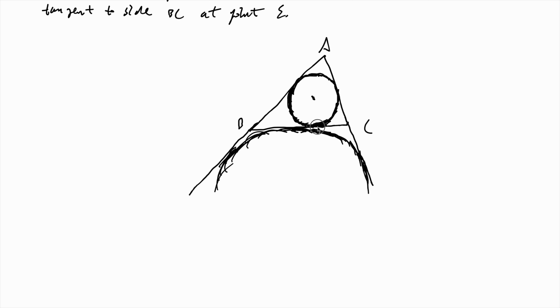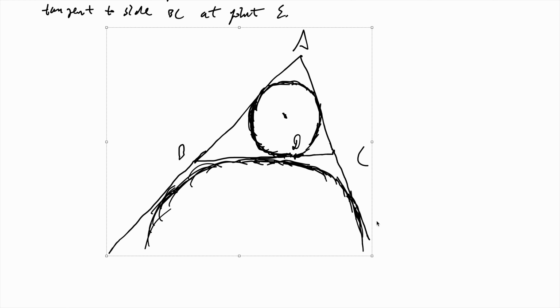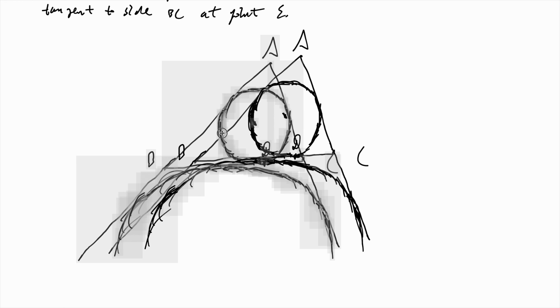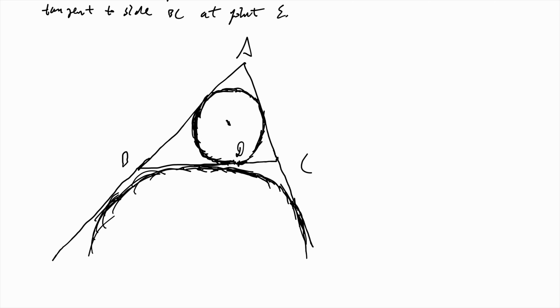Then we define this point to be D. And our lemma here is to prove that this point right here is E, and that these two are equal to each other.